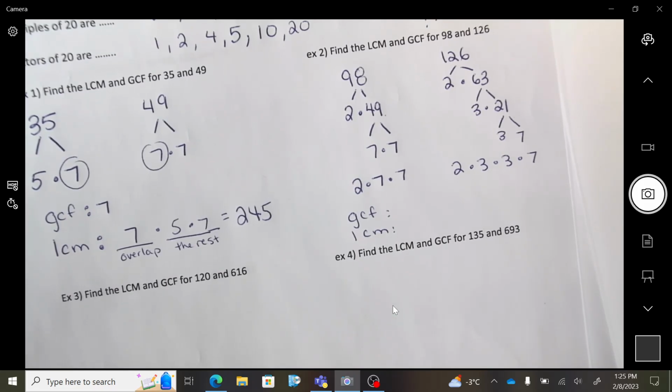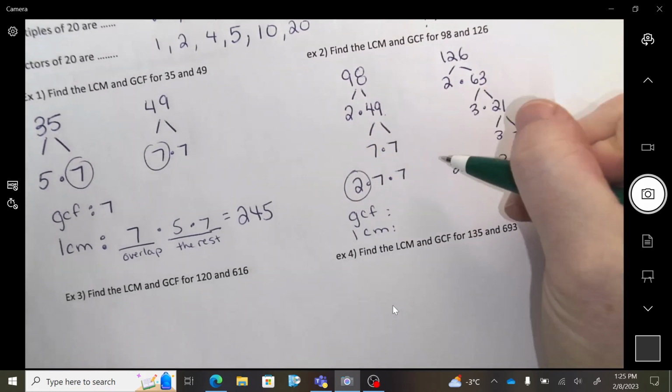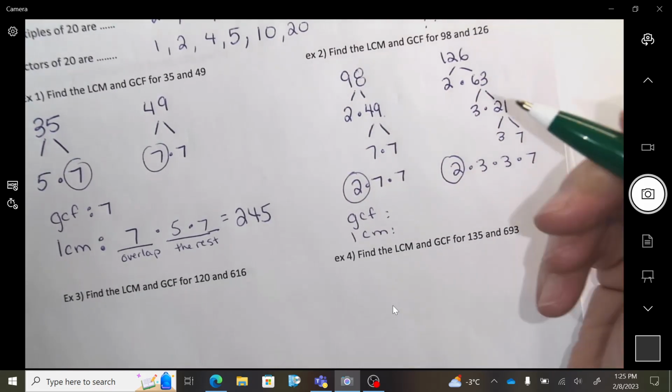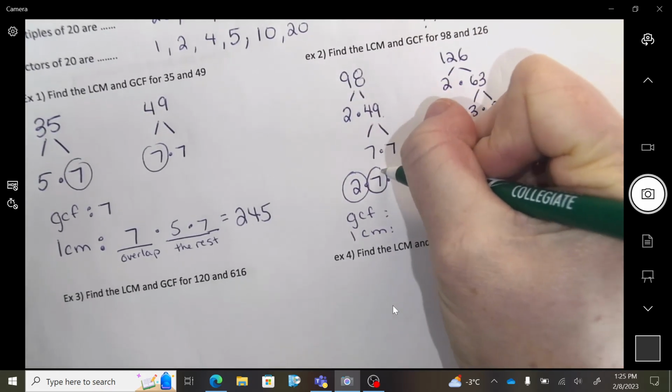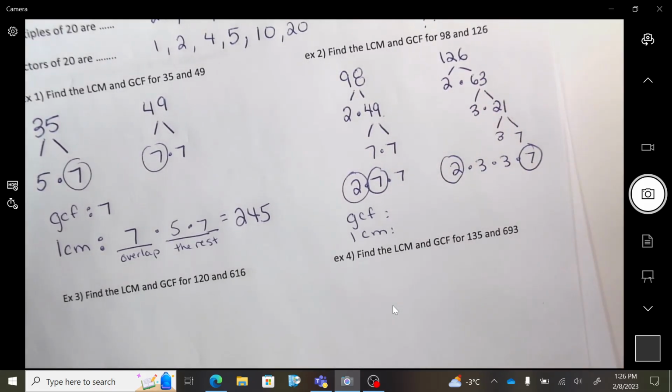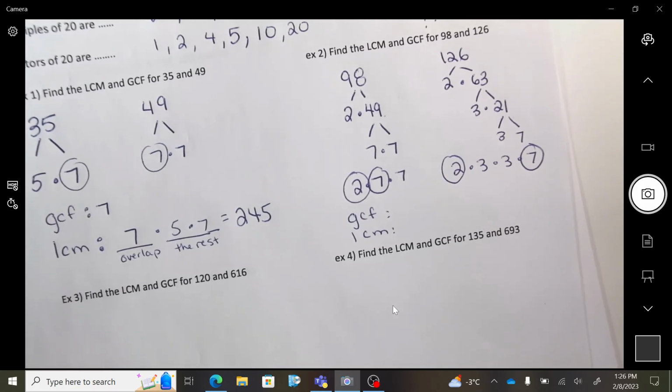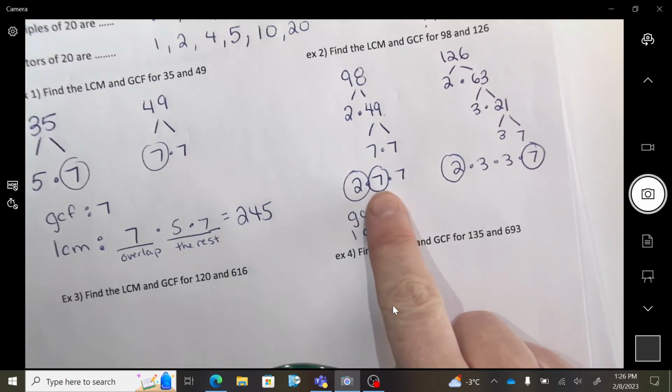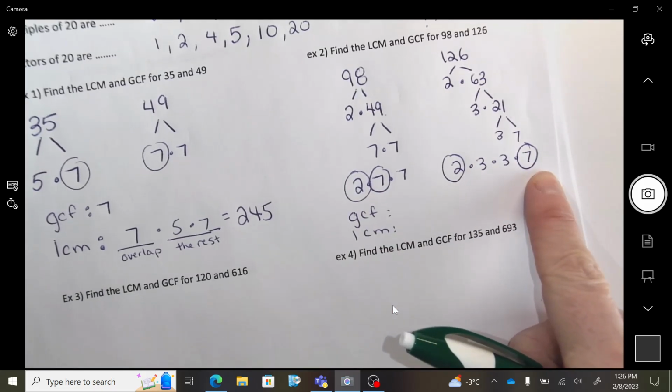Okay, show me what I can circle in both. So they both have a 2. And they both would have a 7. Right? Done. That's it. Do you understand that you can only circle one 7 to match with that one 7, right?